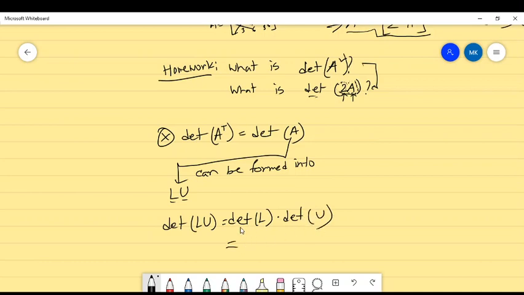Do you know what is on the diagonal of the lower triangular matrix?